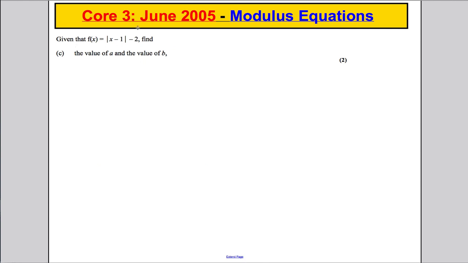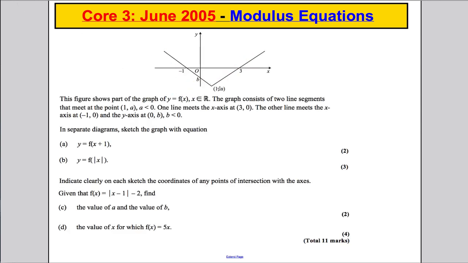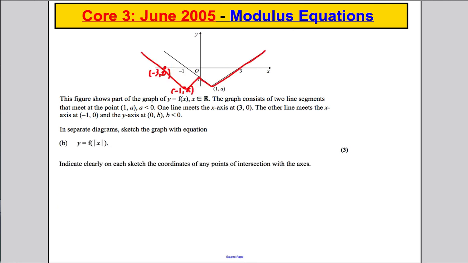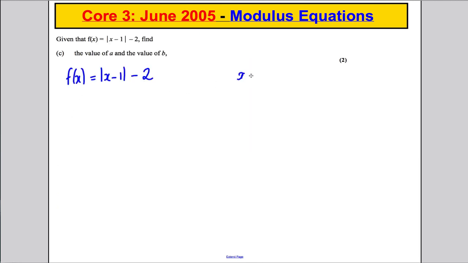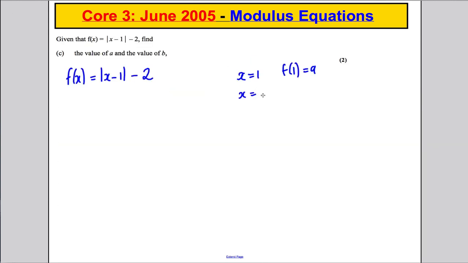Okay, then given that f of x is actually equal to this, find the values of a and b. So we are told that f of x is actually the modulus of x minus 1, subtract 2. Now, what were a and b all about? Go back to our original. When you put 1 into the function, you get a back. When you put 0 into the function, you get b back. So we can solve when x is 1, f of 1 is equal to a, and when x is equal to 0, f of 0 is equal to b.